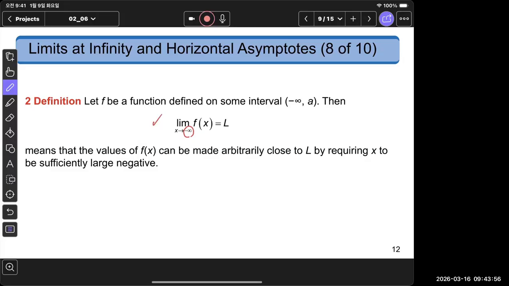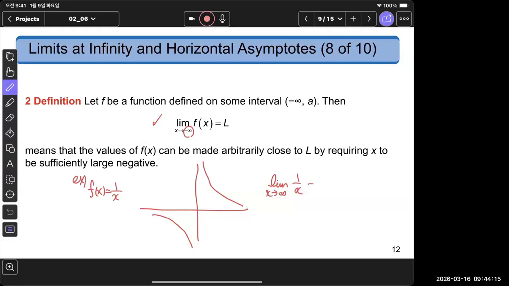As we considered previously, f of x defined by 1 over x, whose graph looks like this. And moments ago, the limit of this 1 over x function as x approaches infinity was 0.